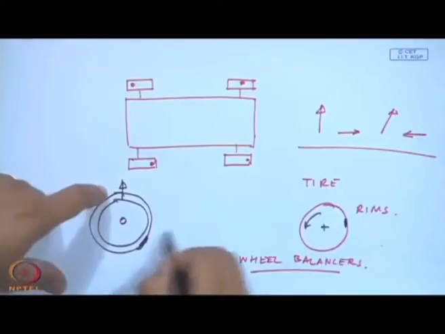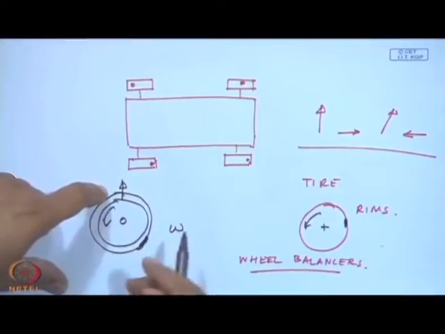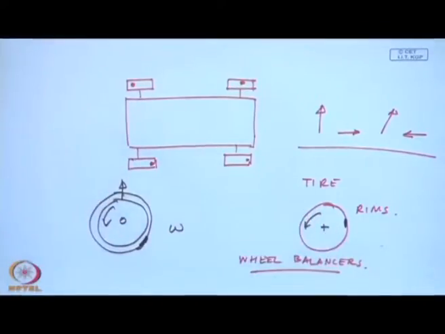Now, imagine if this kind of thing rotates at very high speeds omega. So, forces will be very high, and these forces are finally taken up at the supports. So, bearings will be subjected to fatigue damage, and then they will fail much quicker. First is unpleasant ride quality in vehicles, and then bearings will be subjected to fatigue load.